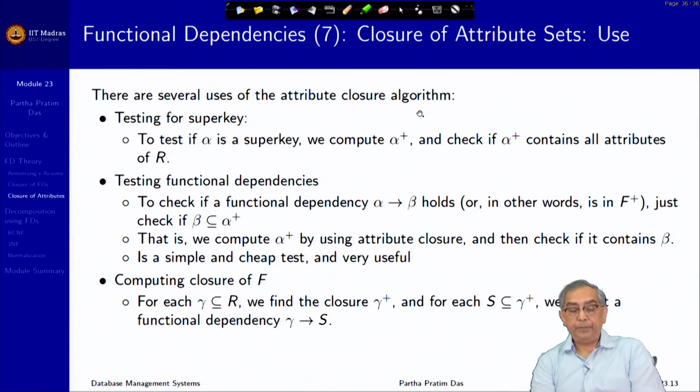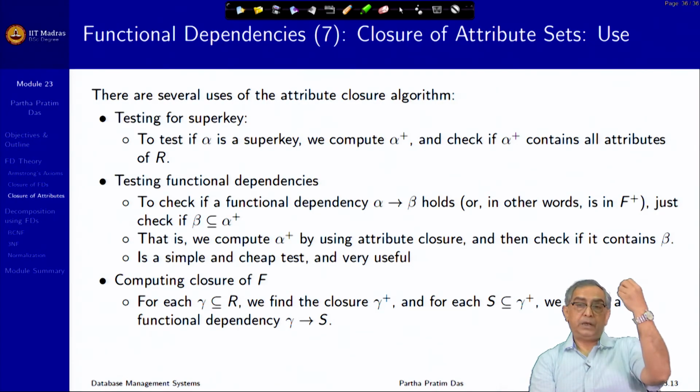In this way the effectiveness of this algorithm is it can help you solve related problems that we often need to solve. For example, what we just saw is testing for a super key. If you want to test if a functional dependency holds on a relation or not, you are just given a functional dependency, alpha determines beta. Does it hold? Is it an element of F plus? You have to find out.